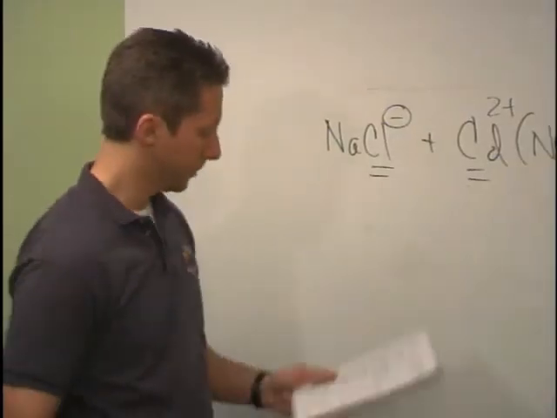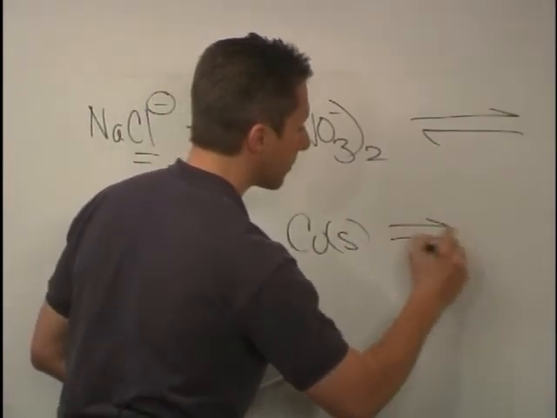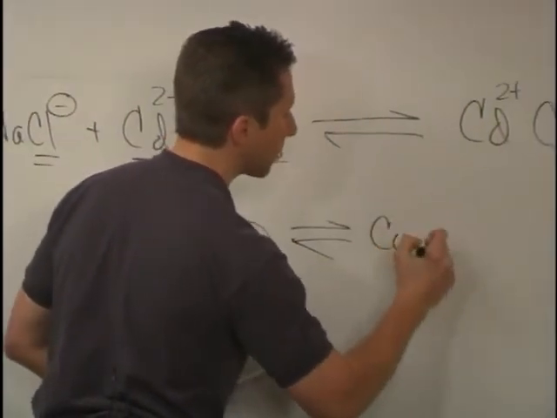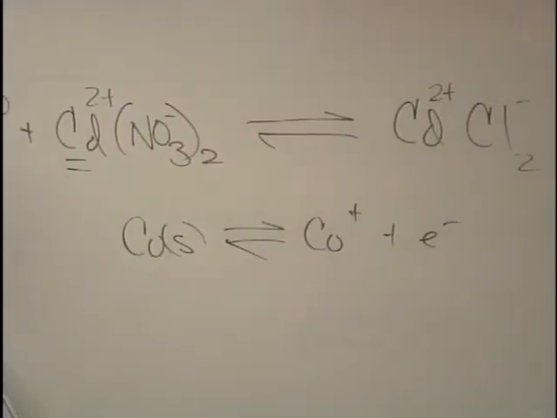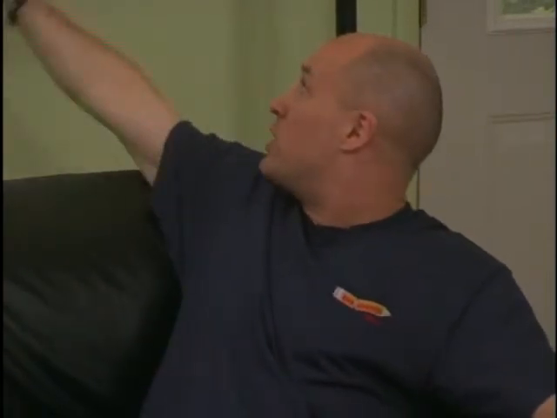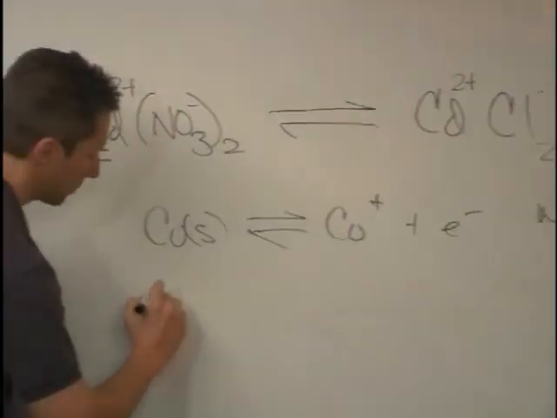And what that means is they have a negative oxidation potential. So if we were to write the half reaction on the board, copper solid goes to copper plus an electron, we get a negative oxidation potential because copper doesn't want to rust. We don't make money out of metal that rusts. So we want to know that this is negative. Now, what is the one to produce H2 gas?